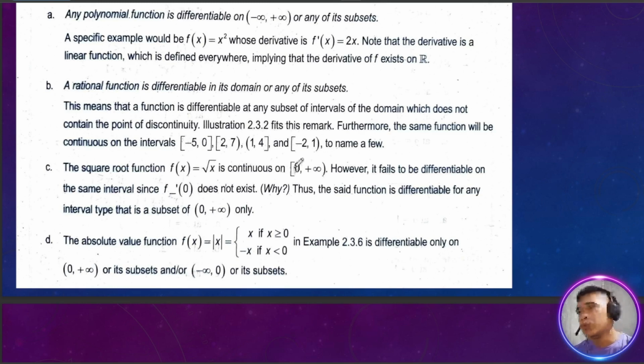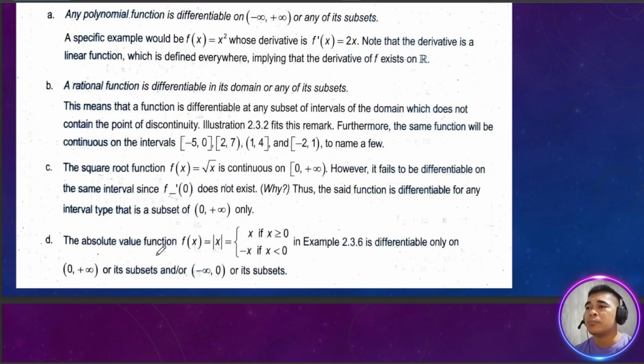Meaning, yung lower pa ni 0, like negative 1, dili na siya pwede. Square root of negative 1 is i, that is imaginary, not a part of the real number system. So the said function is differentiable for any interval that is a subset of 0 and positive infinity. But less than 0, dili na siya pwede.